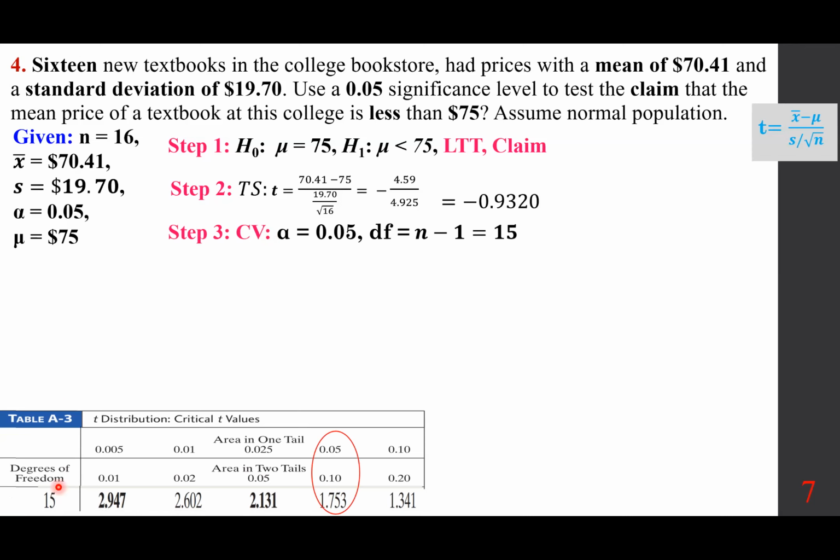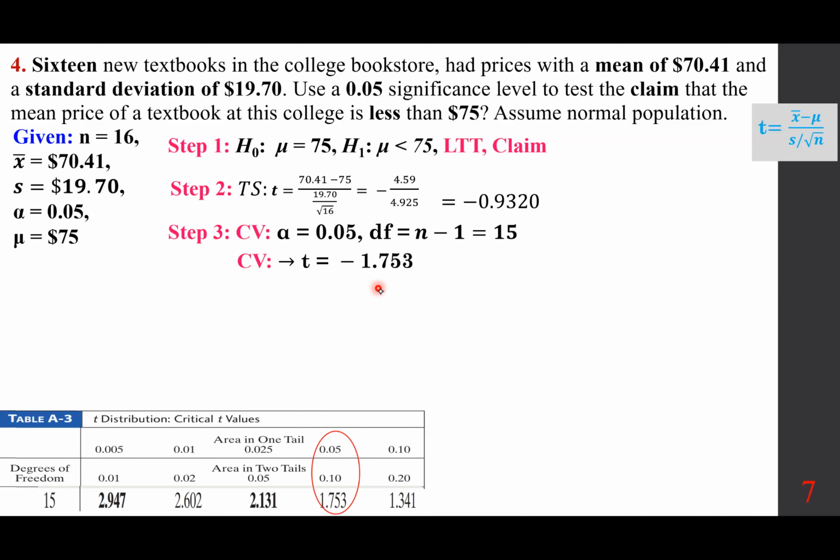So you're looking up the left column, number 15, over here. The area in one tail is 0.05, so 1.753. Because this is a left tail test, the answer is negative 1.753.